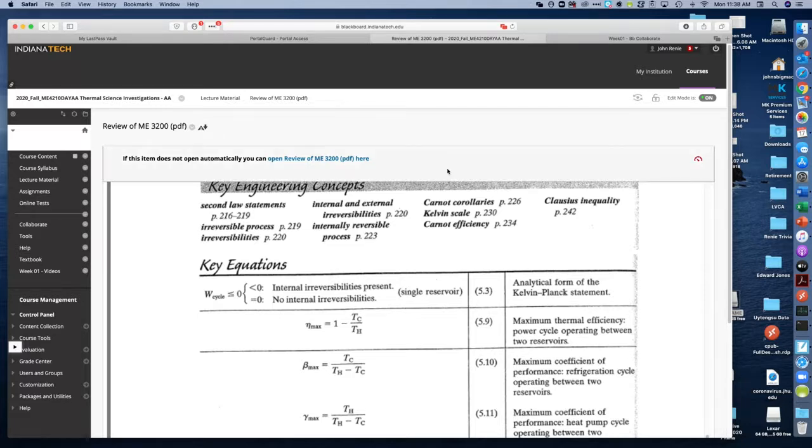Various corollaries to the second law, the Carnot corollaries, the Clausius inequality, are all associated with the second law. And so I would recommend that if you are weak on the second law, you go back and reread this particular conceptual chapter, and understand the processes.